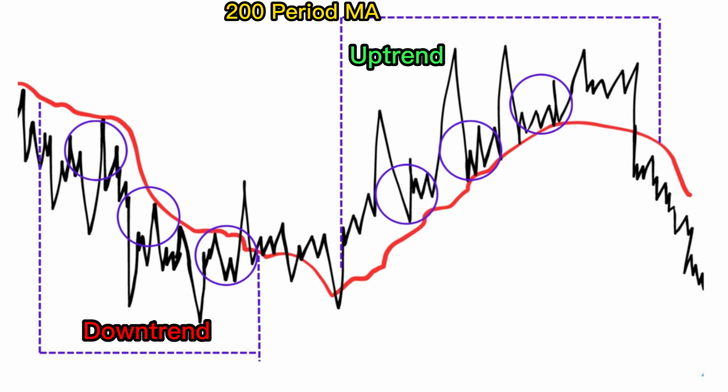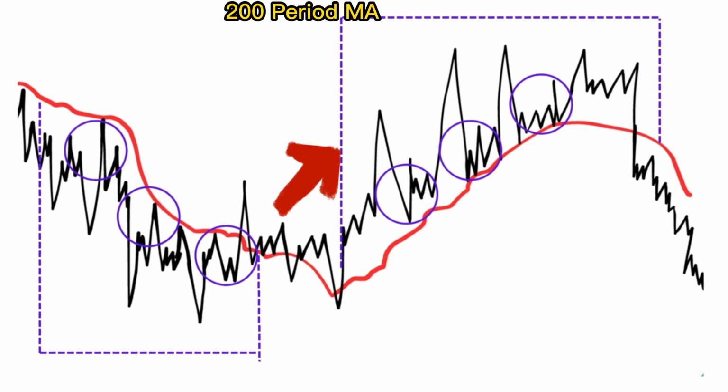When the price candle crosses the moving average, which is called a break of the moving average, like here and here in this example, there appears a reversal in trend. Here the price moved upwards, crossing the moving average, signaling an uptrend. And here the price moved downwards, breaking the moving average, signaling a downtrend.